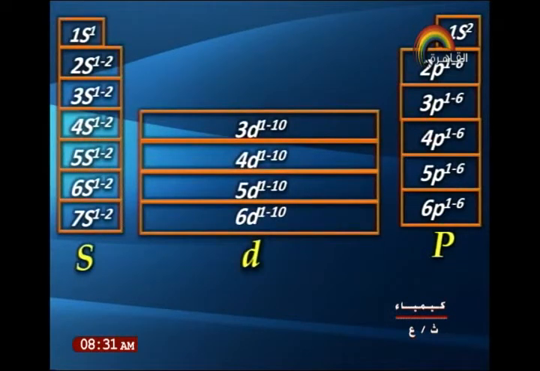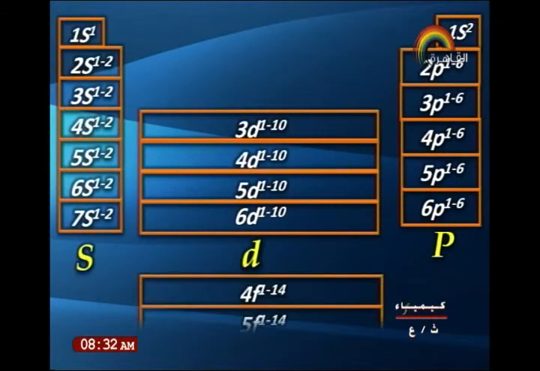Elements in the middle of the periodic table that end by filling the D sublevel we call D block elements, and elements that fill the F sublevel are found below the periodic table, as shown on the screen.